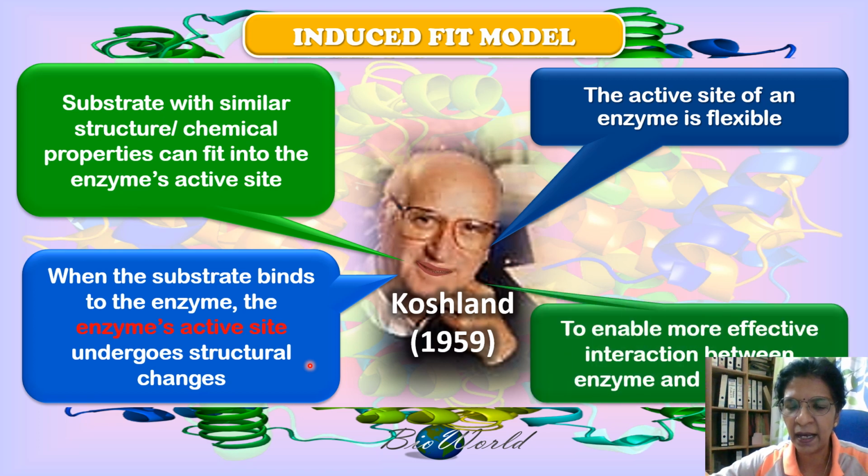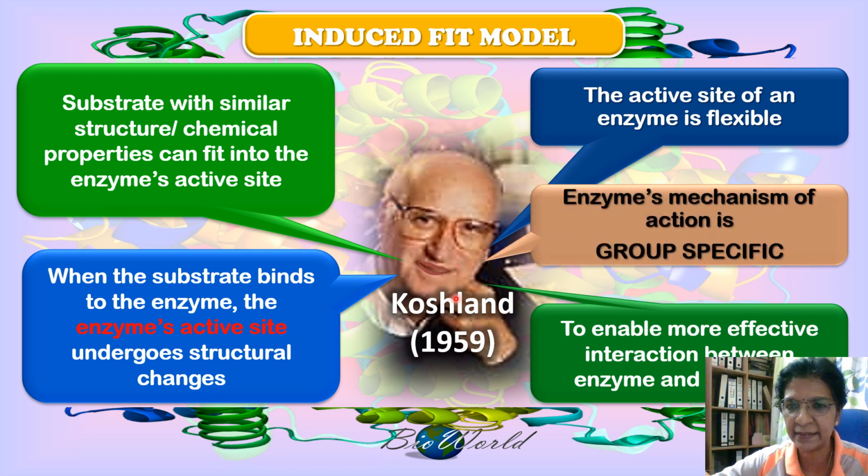When it adjusts its shape, there is an induced change in the conformation of the active site, and there will be a more effective interaction between the enzyme and the substrate, forming the enzyme substrate complex, which will eventually form a product. So Koshland's model's basis is that enzymes and substrates are group specific. This concludes the discussion between Fisher's model and Koshland's model.